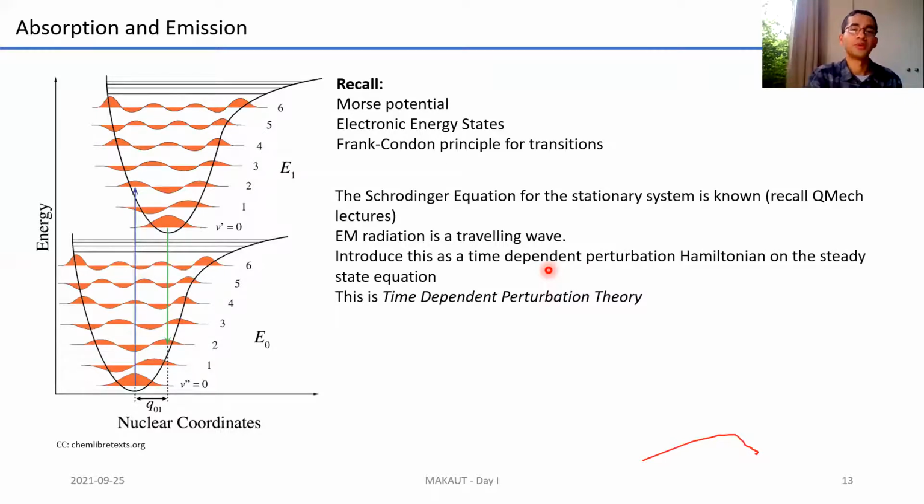When you do this, what you end up with is known as time-dependent perturbation theory, and the entire mathematics behind this is the bedrock underpinning spectroscopy in general. If you go a little bit more into time-dependent perturbation, I've not shown any equations because it becomes boring and doesn't make sense unless all of you would want to know this.